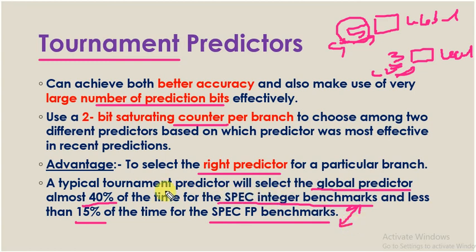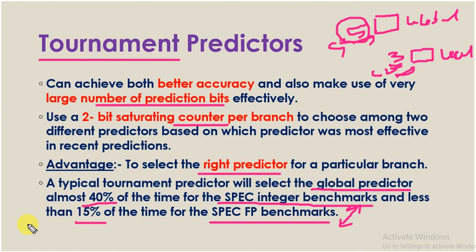For the SPEC integer benchmark, 40% of the time the global predictor was successful, and for the SPEC FP benchmark it was less than 15% of the time that it was a successful prediction. So what is a tournament predictor?